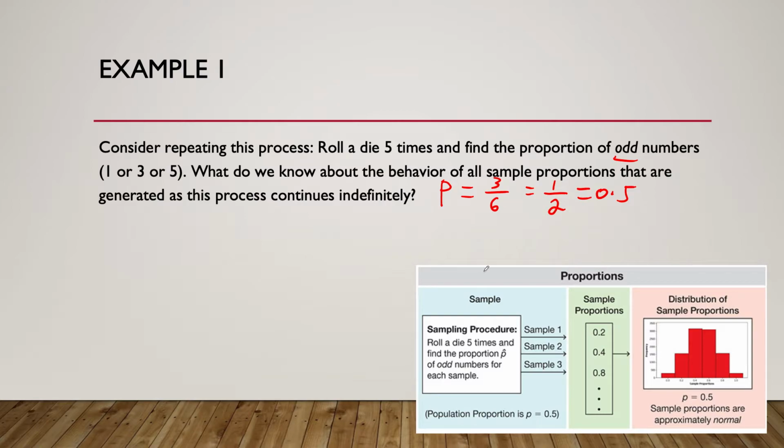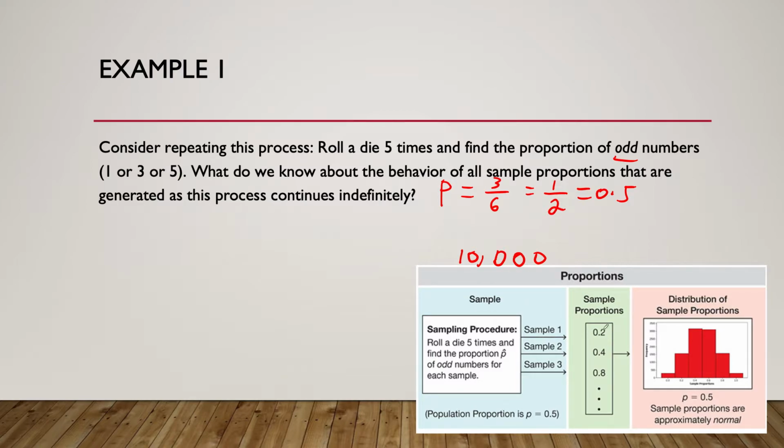And if we repeat this process 10,000 times, rolling the die 5 times and finding the sample proportion each time, we generate 10,000 samples.